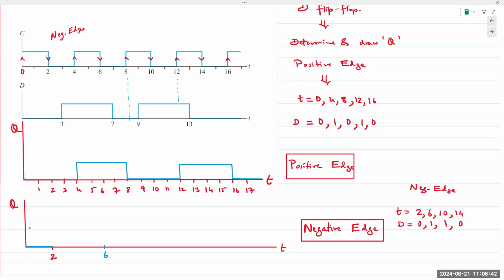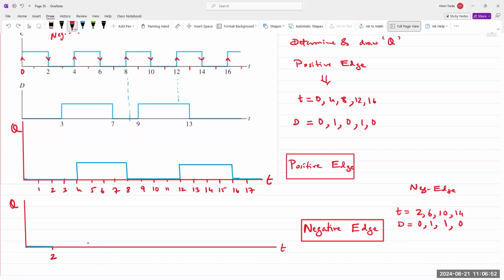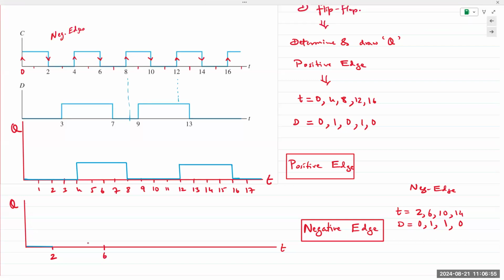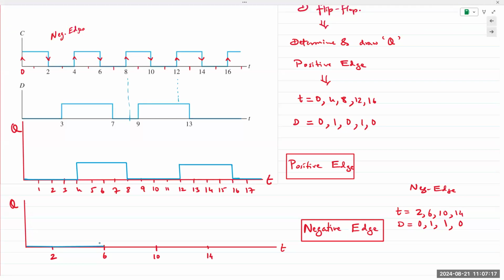Let me mark out those edges first. All right, so 6 and then 10 and then 14. These are my transition points. At 2, D is equal to 0, so it will stay at 0 until the negative edge arrives at 6.